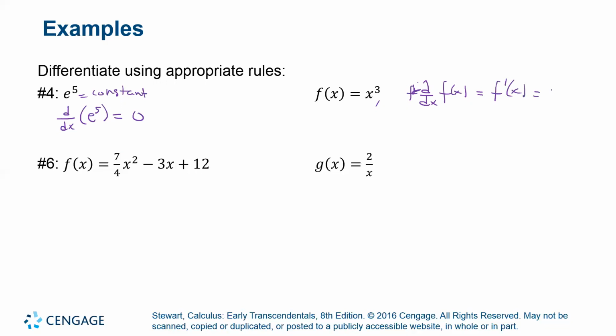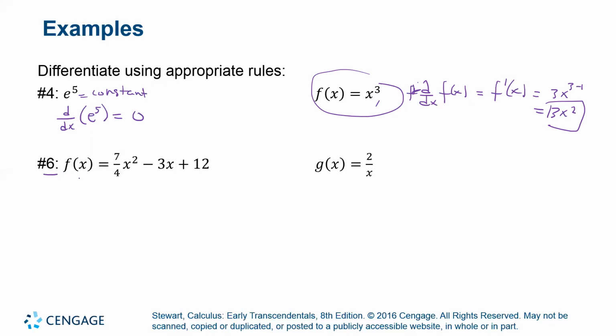In this case it will be 3x raised to 3 minus 1, which will give us 3x squared. Okay, remember we use the definition to differentiate and find f prime in section 2.8, I believe. Yeah.